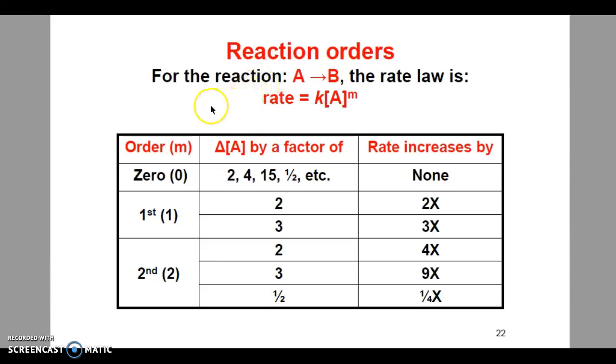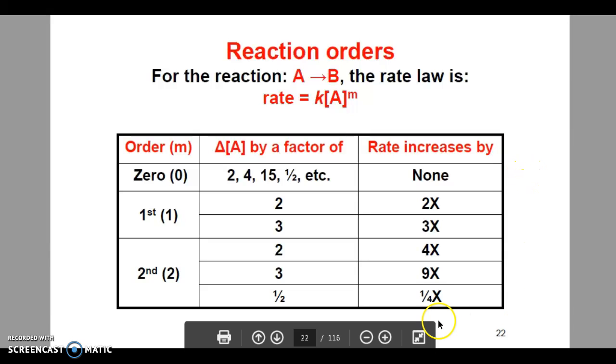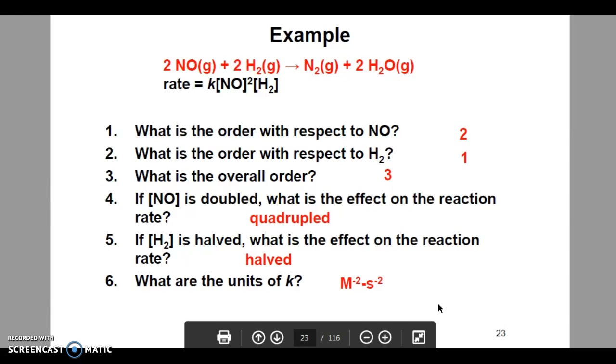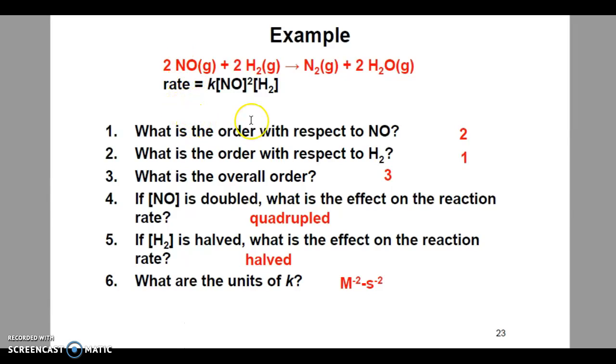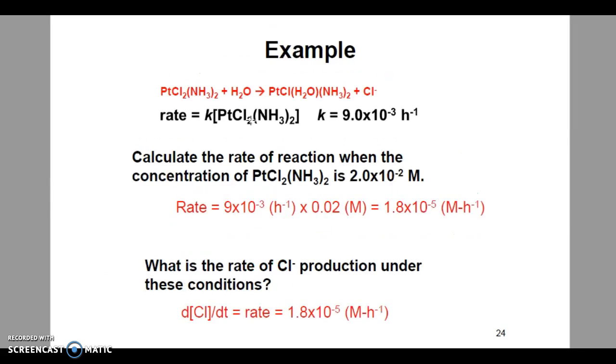Reaction orders can be shown in tabular form in this example. Various examples are here where we can see how rate is doubled or quadrupled accordingly.